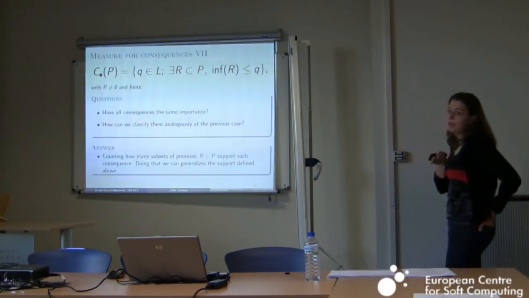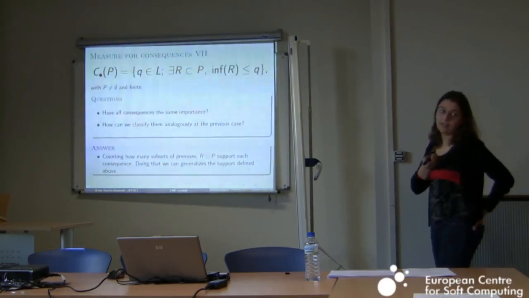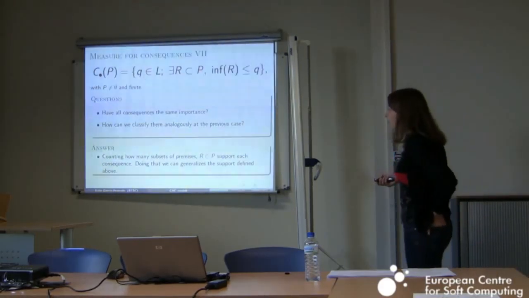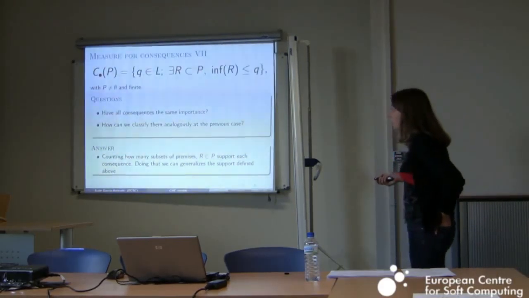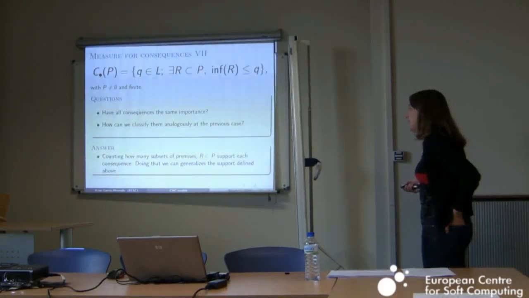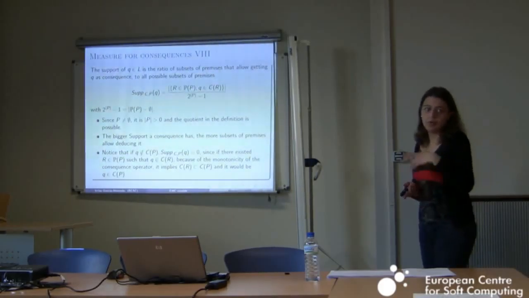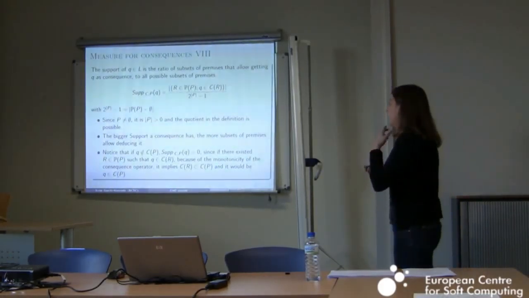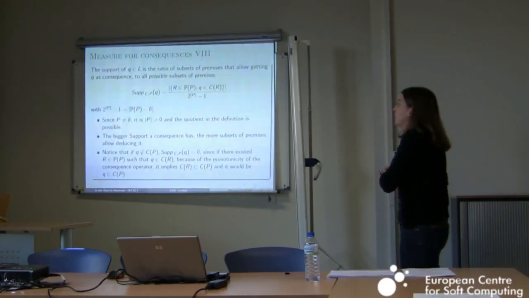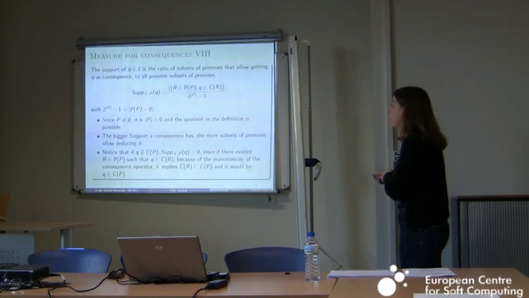Following the idea of the operator C less equal, we build the measure counting how many subsets of premises support each consequence. The definition is more or less the same, and the properties are very similar. The support is the number of subsets of premises that allow us to deduce Q divided by the total number of subsets of premises minus the empty set.